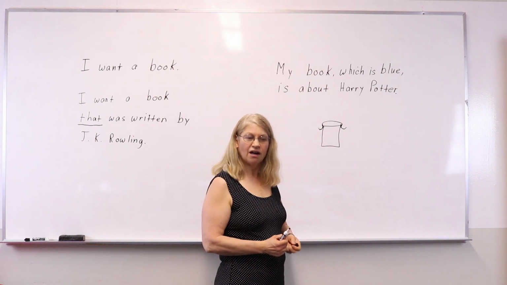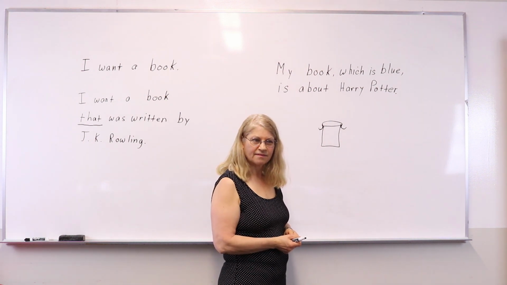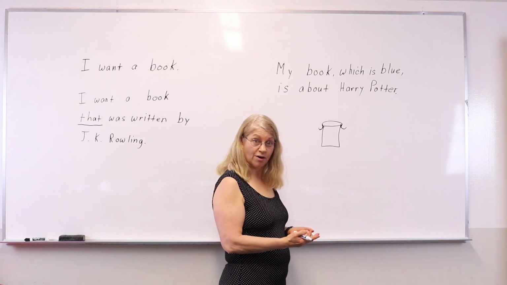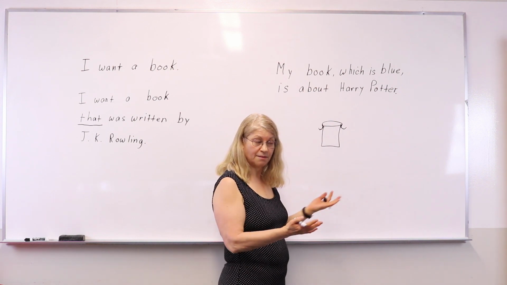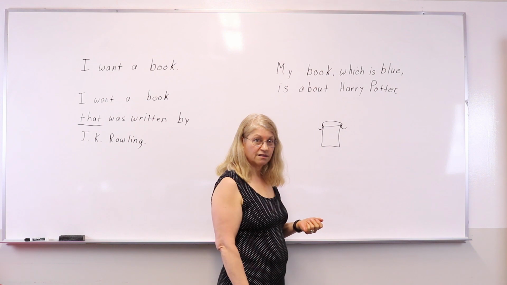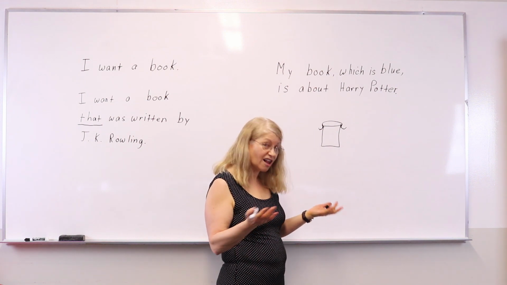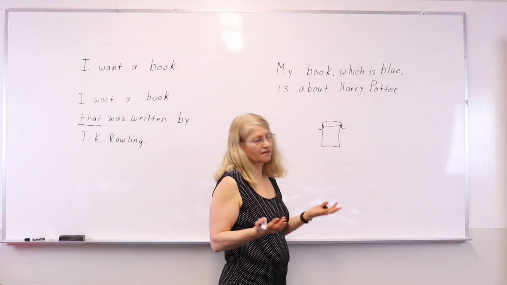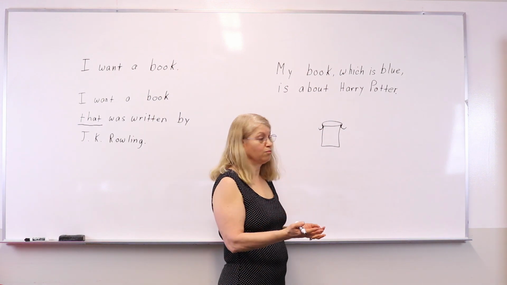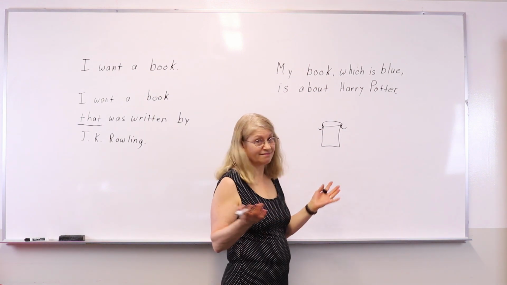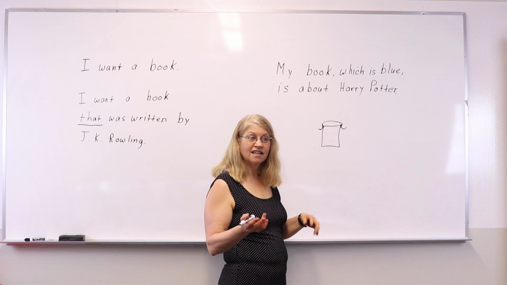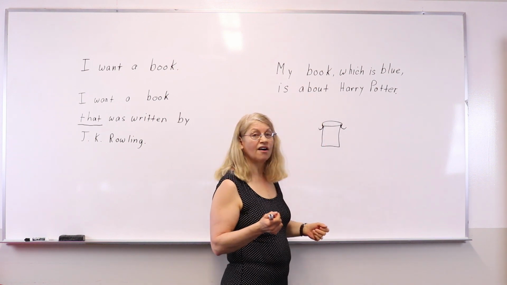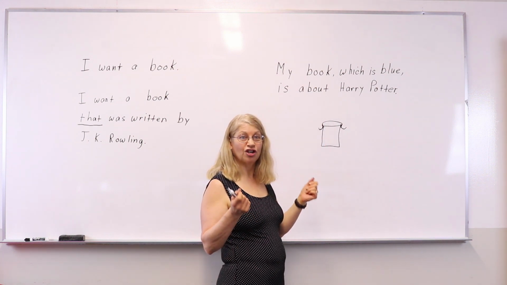Let's say somebody asks you, oh, what's your book about? You say, well, my book, which is blue, is about Harry Potter. Do you think the person cares what color the book is? I don't think so. I wouldn't care if it was blue or brown or white, it doesn't matter what color the book is. That's an example of a non-essential clause.